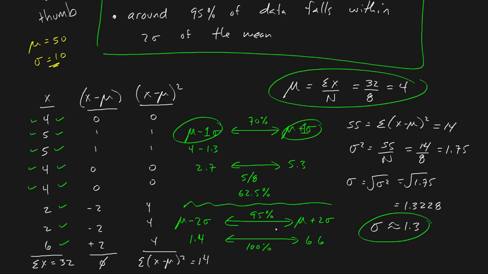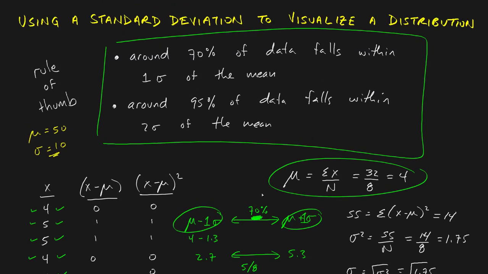So the rule of thumb says that it should be 70% and 95%. We got close to 70% here, 62.5, and close to 95% here. It's just a rule of thumb. It's just to help you visualize what's going on with the data. You're just supposed to be seeing that the majority of the data is within 1 standard deviation, and almost all of the data, maybe there might be a few exceptions, are within 2 standard deviations of the mean.